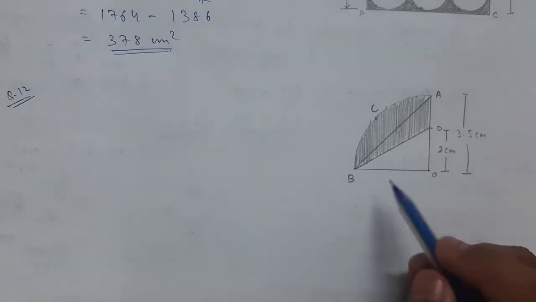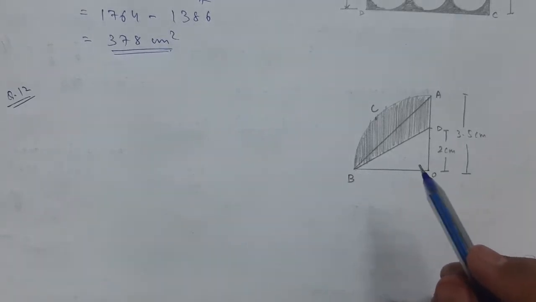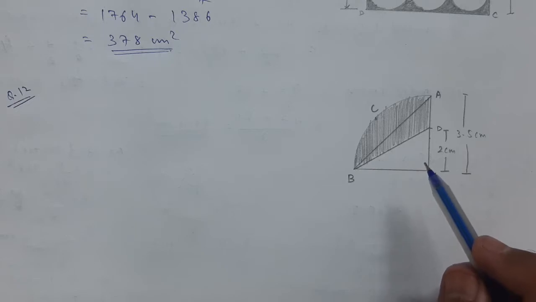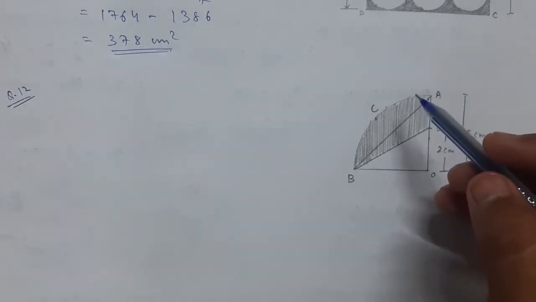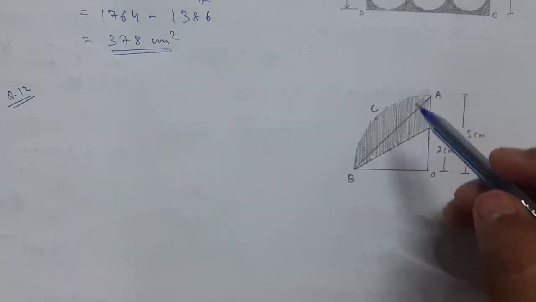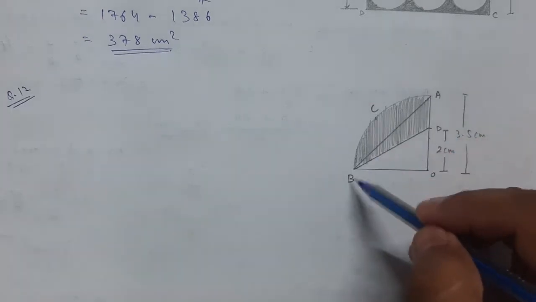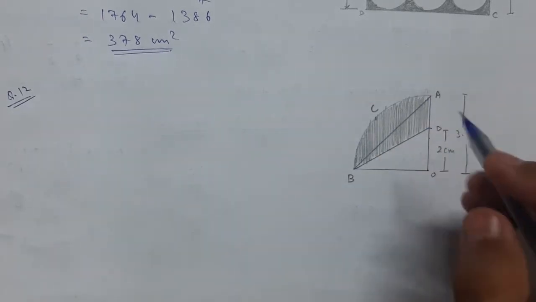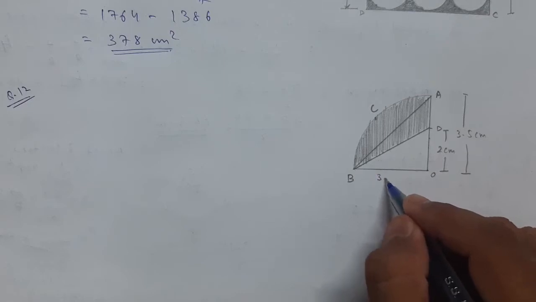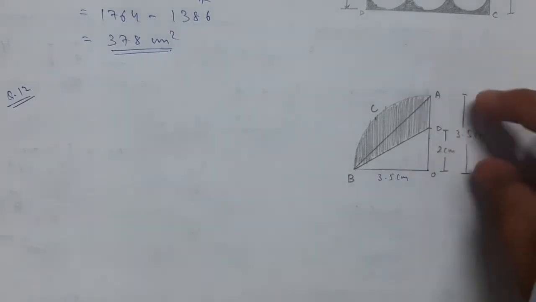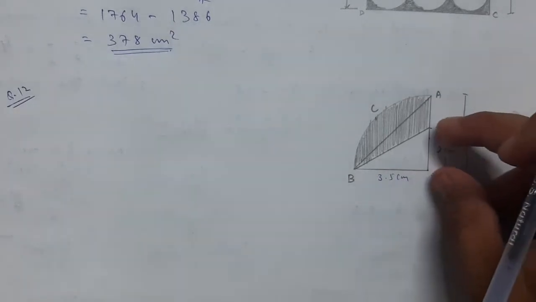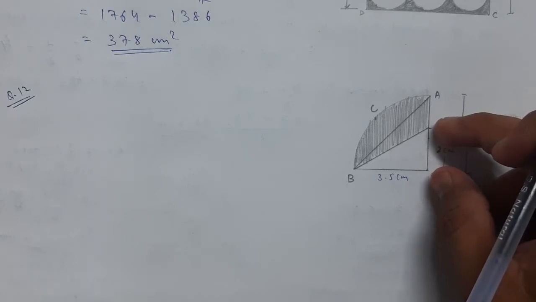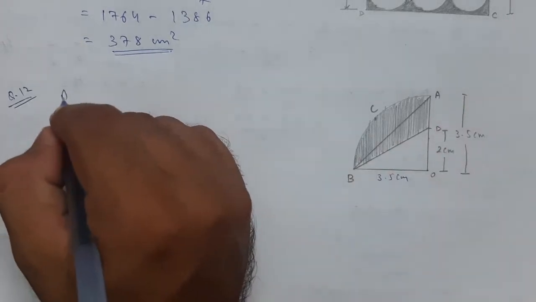Question number 12, again you are given a quadrant in figure 12.30. OACB is a quadrant, a circle of radius 3.5 centimeter, which is already noted here. OD is 2 centimeter. Find the area of quadrant OACB.